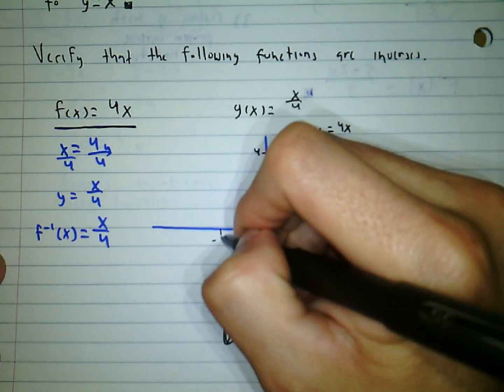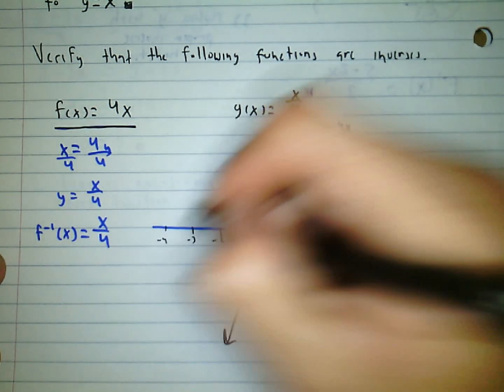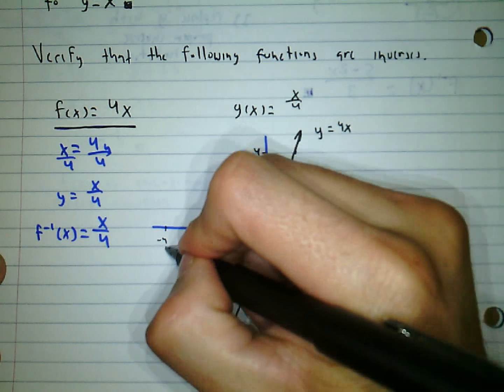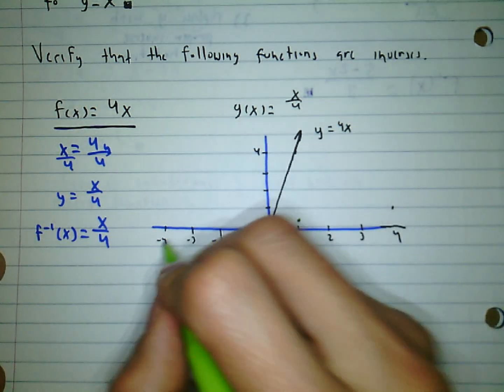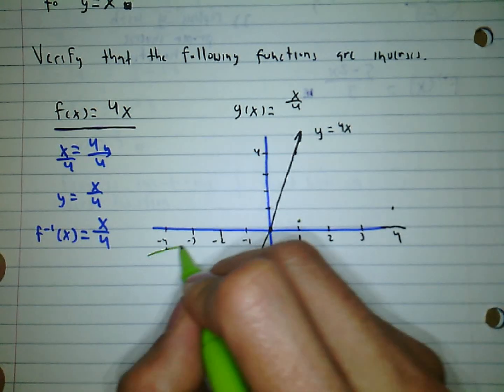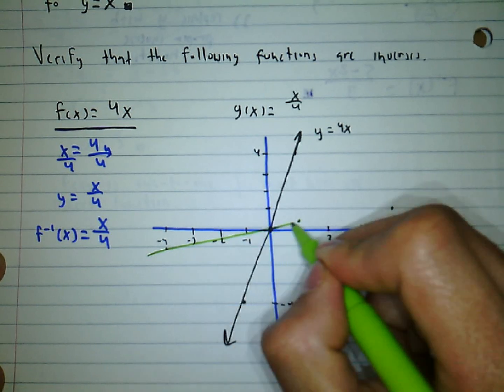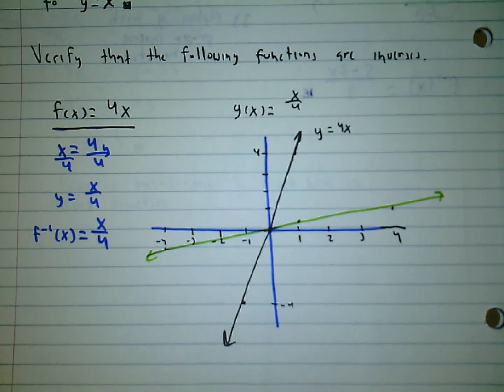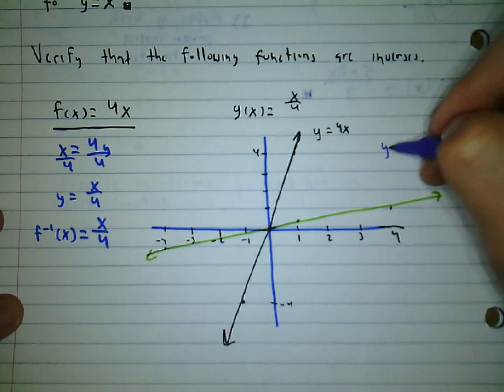If I plug in negative 4, I'm going to get negative 1, so that would be about right there. Then if I draw that line, it would look something like that. Cool.